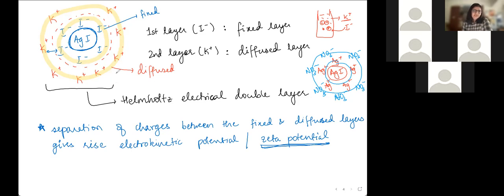They end up being charged, and because of this charge, they attract opposite charge, which creates two layers, a double layer. And because of this charge separation, they end up having something called a zeta potential. We'll revisit zeta potential when we talk about coagulation and other aspects.